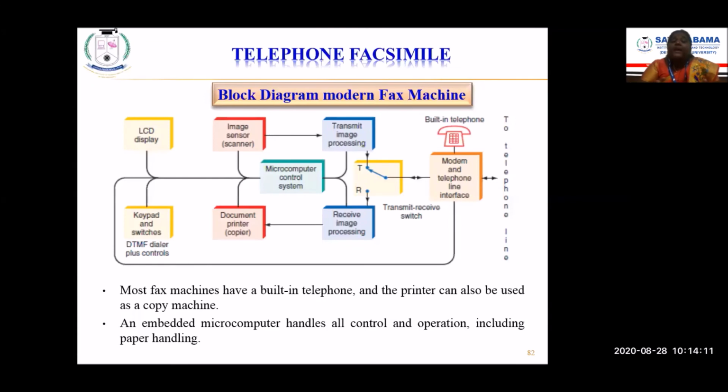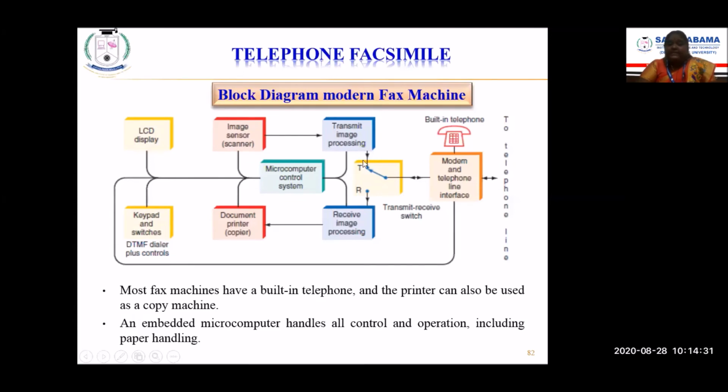That will be removed with the help of these image processing blocks, which will have the filters. And whenever you want to send, we will be typing the number to whom we want to send, then you will be scanning the document, and that will be transmitted.